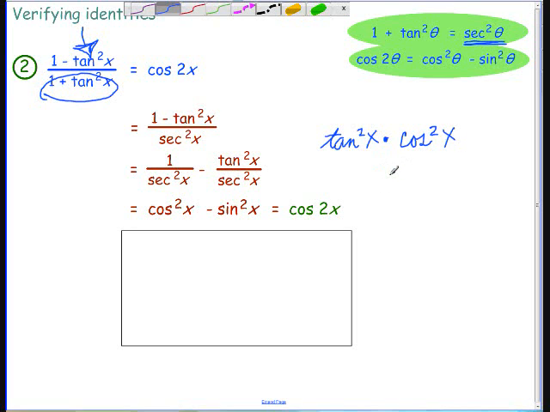And we know that tangent squared x could be written as sine squared x over cosine squared x, and that's times cosine squared x. So that's where we get the negative of this expression is the same as this.